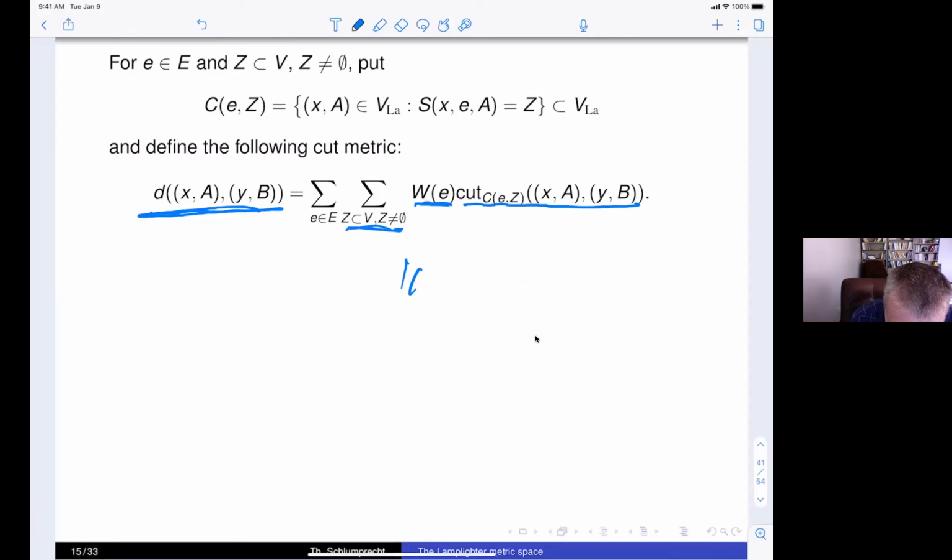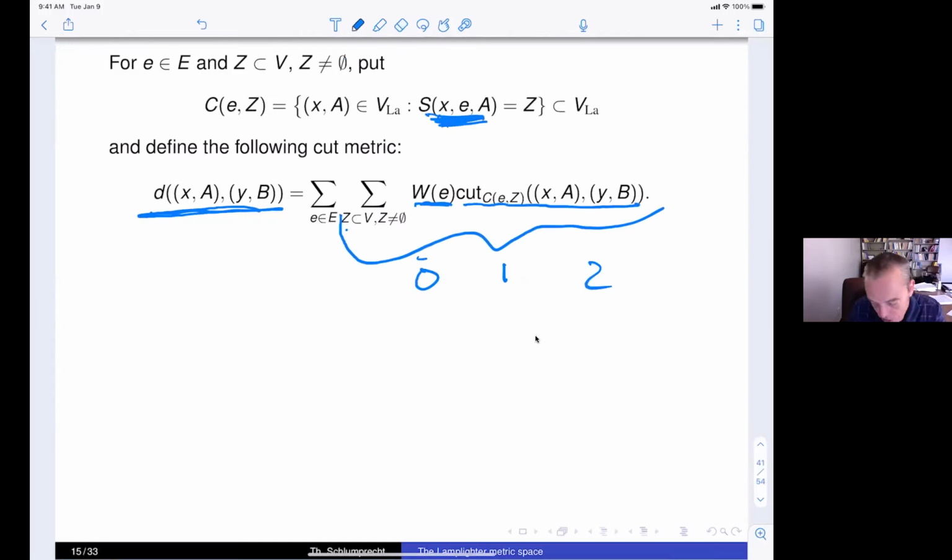Now, the important observation is that if you fix your E and look at this set, it can only be 0, 1, or 2. It is 0 if the two sets are equal. If for X and Y these two sets are equal, then it must be 0 because they will be in the same set.